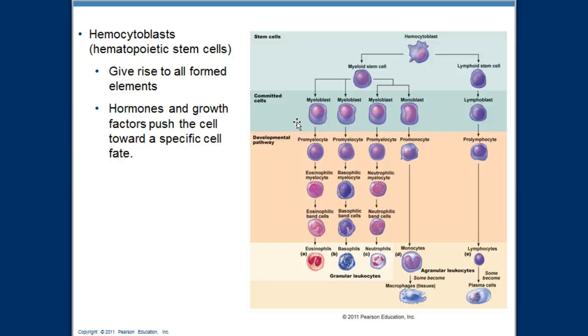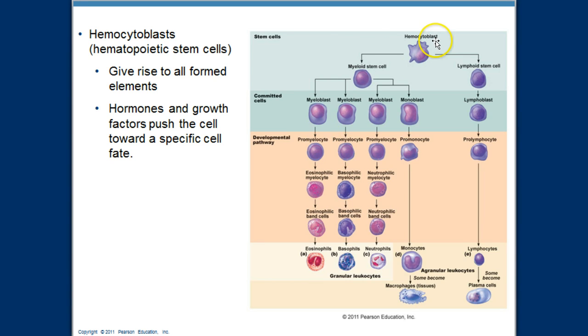So the way it works is that you have one stem cell called the hemocytoblast, and depending on which hormones or growth factors it's exposed to when it's going through mitosis, it will take on any one of the different developmental pathways that lead to all of your different formed elements.